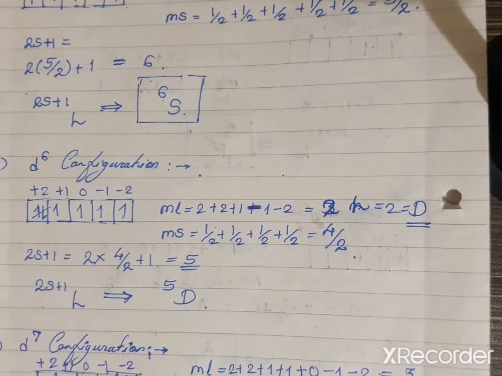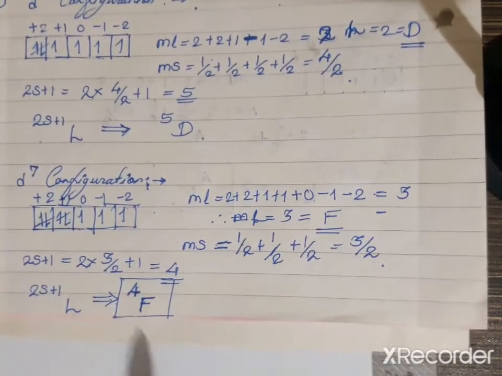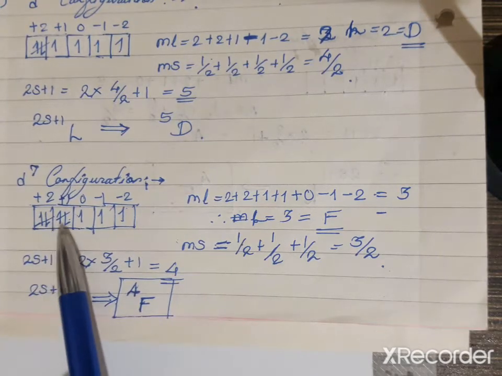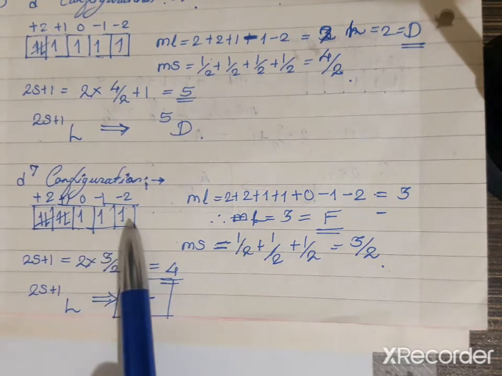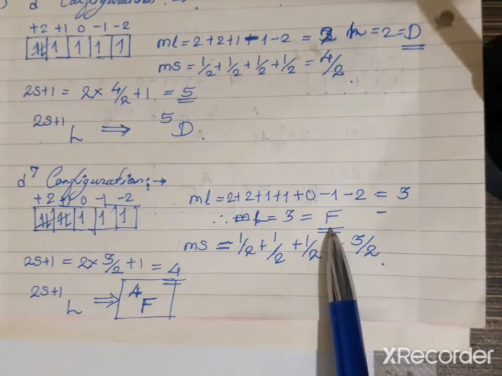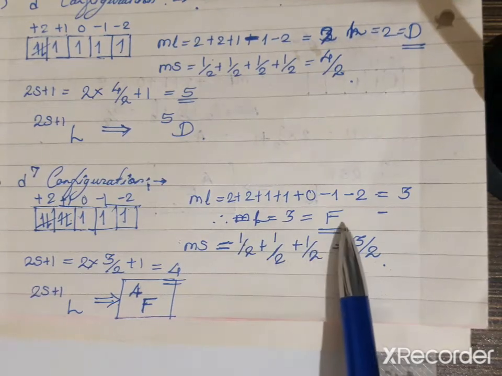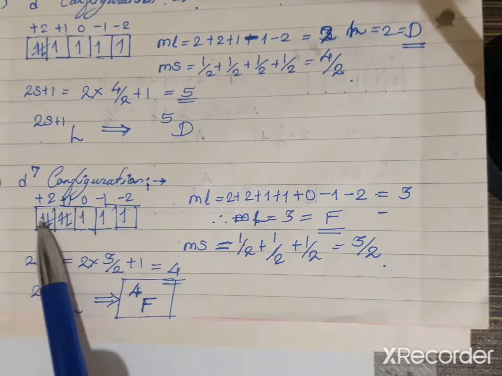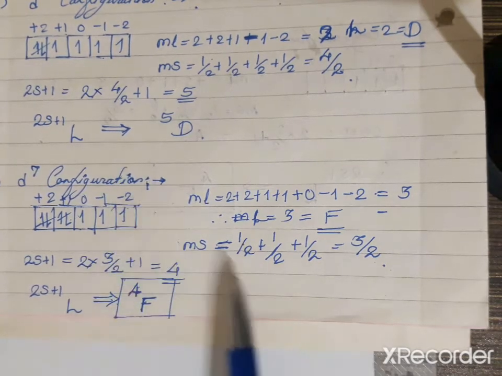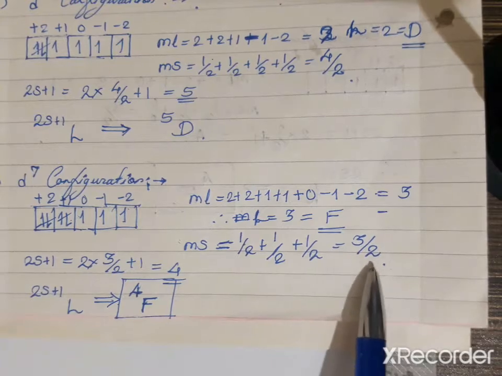For the d7 configuration, as in d6 and d5, we find the ml value and ms value. ml is equal to +2 +2 +1 +1 0 -1 and -2, so L is equal to 3, which is the F term. If ml is 3, then the term must be F. For ms, cancel the paired ones, then there are 3 unpaired electrons, so 1/2 + 1/2 + 1/2, total spin is 3/2.